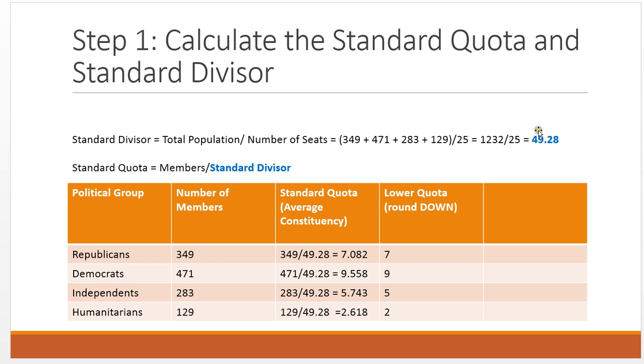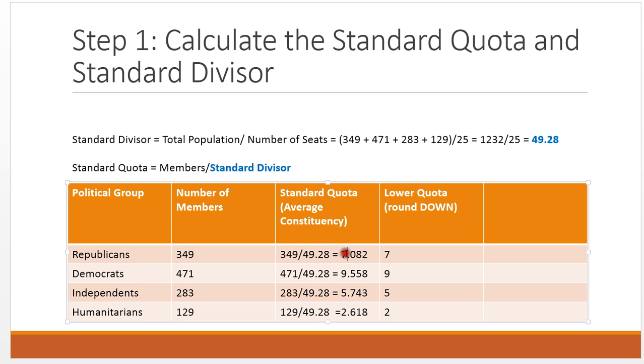Okay, so again, we take this divisor and we divide first the number of Republicans by that divisor. That gives us 7.082. Then we divide the number of Democrats by that exact same divisor, 9.558. We do independents by the same divisor. We do humanitarians by the same divisor.